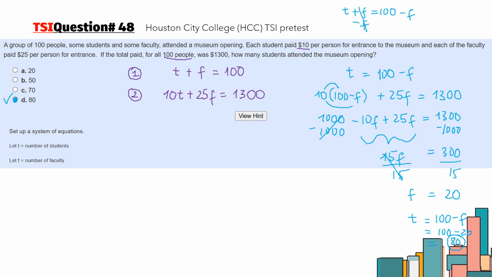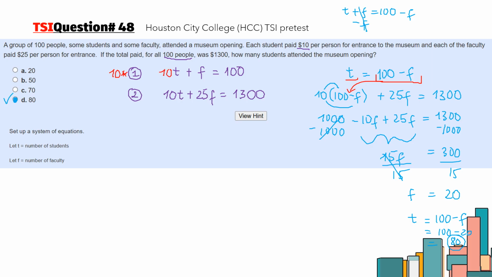Also, this is called substitution, when you substitute T with an expression of F. We plug in here. But we can also use elimination. For elimination, I will multiply the first equation by 10, left side and right side.